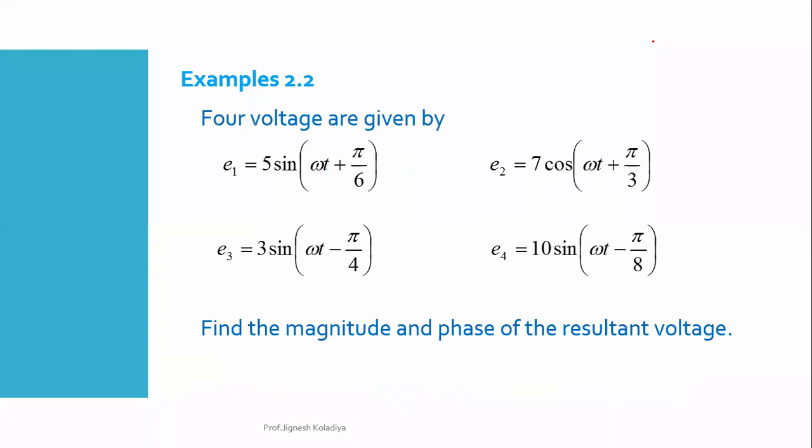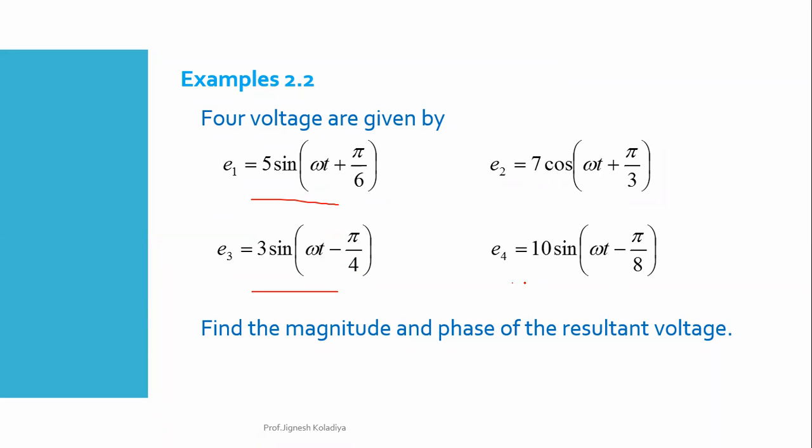Now, our second numerical. 4 voltages are given. E1 is equal to 5 sine omega t plus pi by 6. E2 is 7 cos omega t plus pi by 3. E3 is equal to 3 sine omega t minus pi by 4.